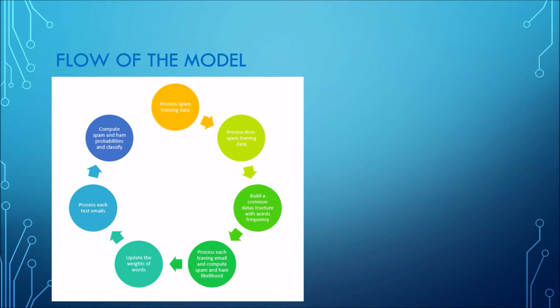By updating the weights of all these words, we get the model ready in terms of training. This process is repeated depending upon the number of times we want to do it in order to make the model ready and improve the performance of the model.